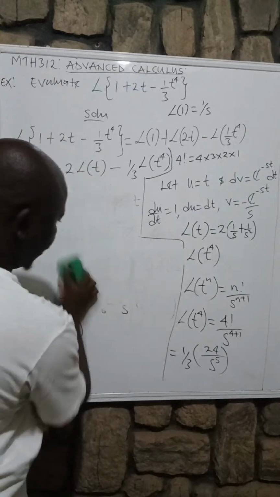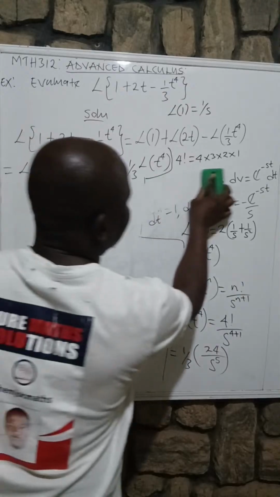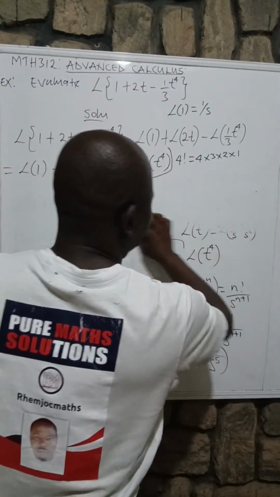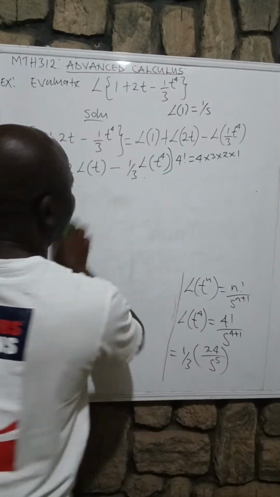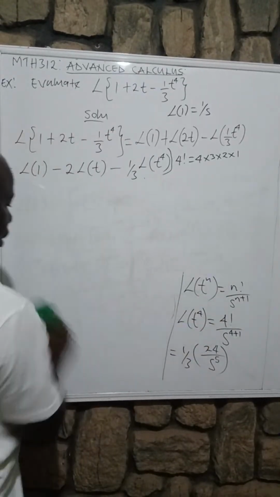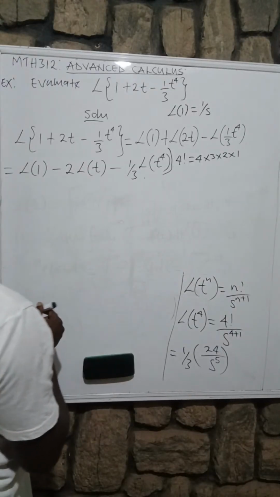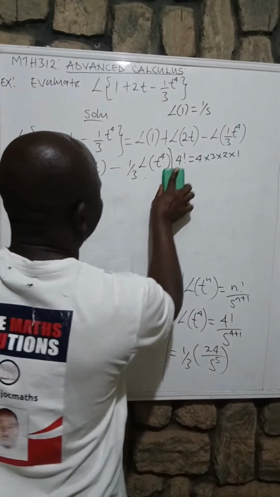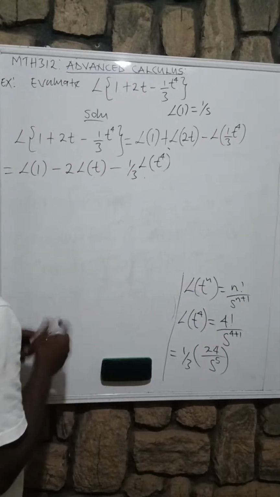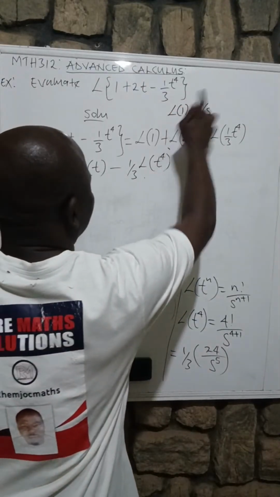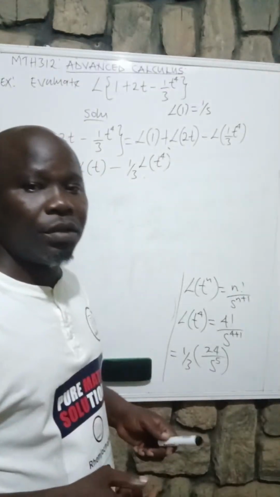So take note of all these things. You can now see that what we have been doing, we'll go back and make use of it. So here, I don't want you guys to cram all this and say Laplace of this is 1 all over. It will not help you.